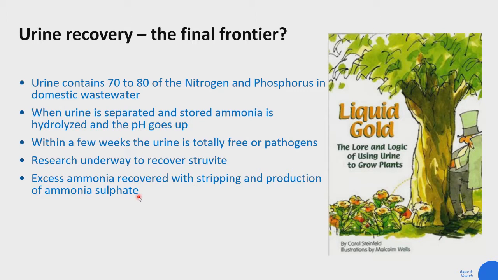Obviously, that's a big leap, right? It would take the equivalent of a milkman coming around to collect your urine, or parallel collection systems, but it is a pretty interesting concept to think about, and maybe the most sustainable way to deal with these nutrients.